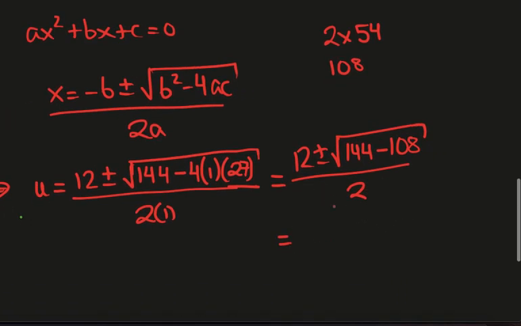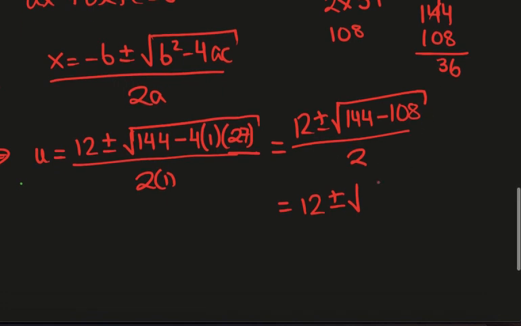If we simplify what's in the square root, we get 144 minus 108. So what is that? Well, that becomes a 36 there.